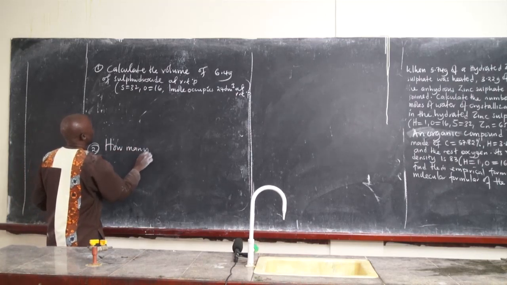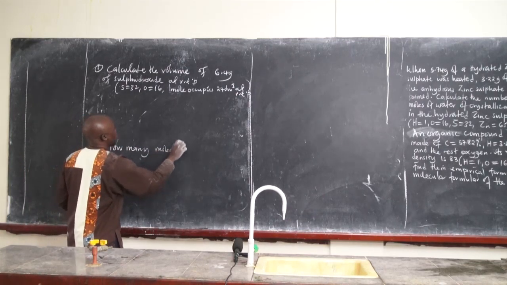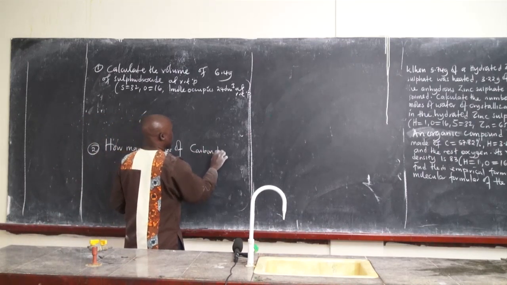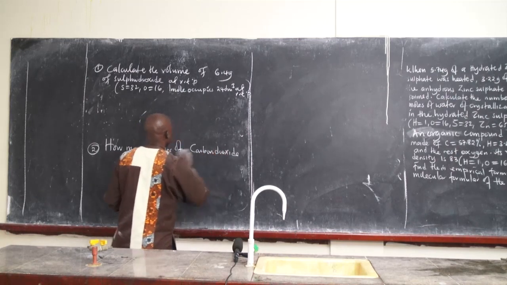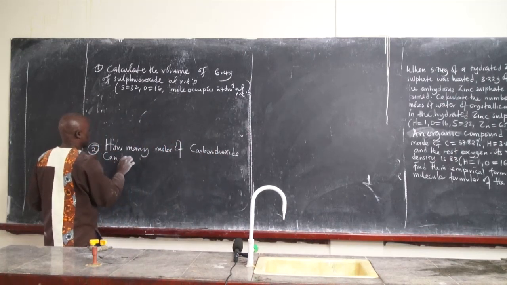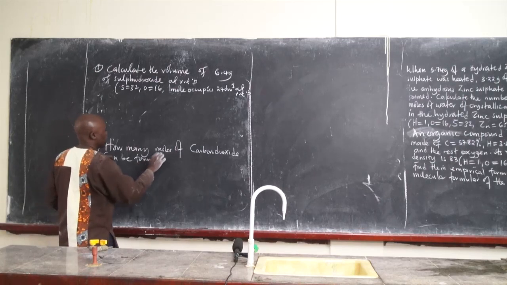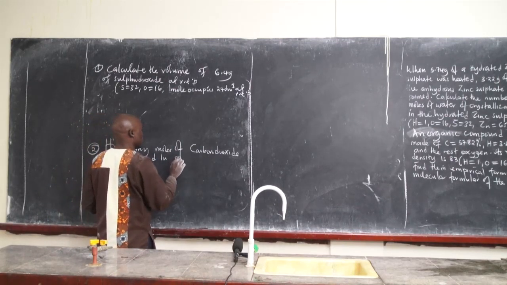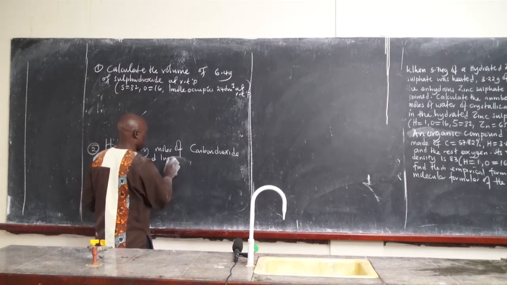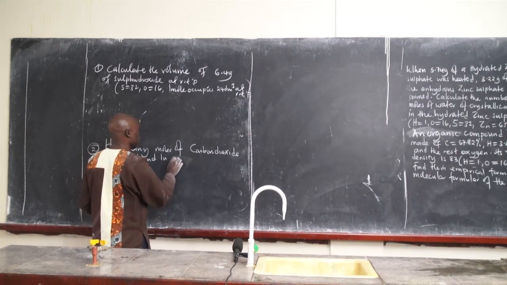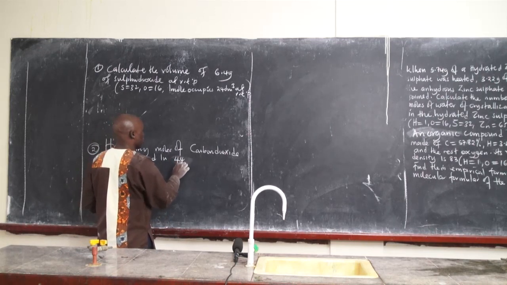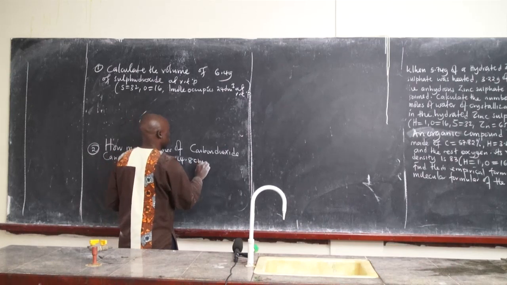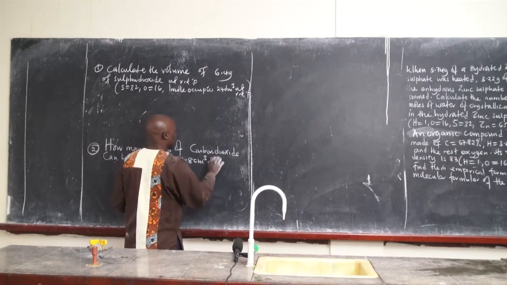Let me dive into a question here. How many moles of carbon dioxide can be found in 44.8 cubic centimeters of the container?